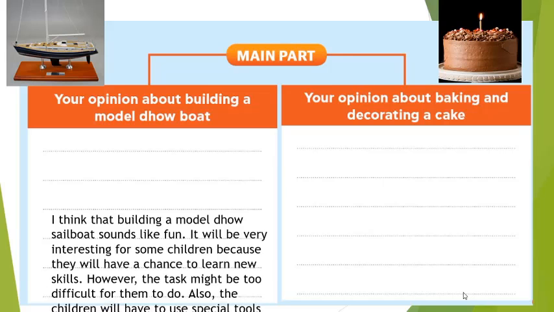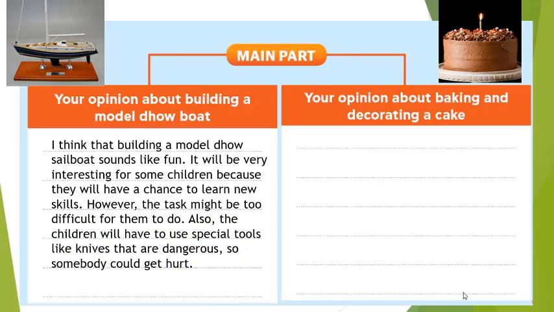So regarding the first one, in the first column, your opinion would be like that. You should mention the reasons for building a model dough sailboat and why you are in favor of it. For example, you should write, I think that building a model dough sailboat sounds like fun.